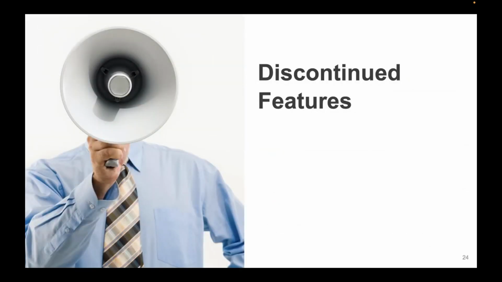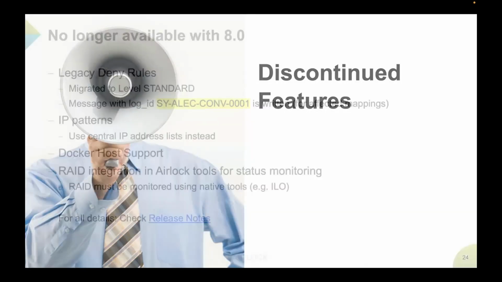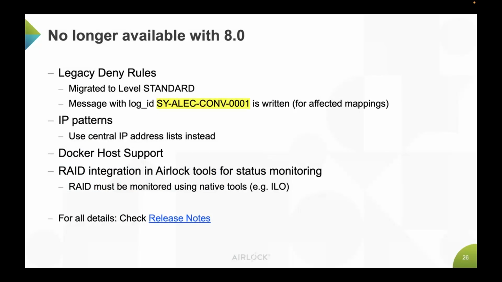Okay, that brings us to the discontinued features. They have often been announced. So now it's actually the time that legacy deny rules have gone. The best procedure to migrate to 8.0 is to integrate on level standard or basic or strict on a previous version, for instance 7.8, and then import this configuration to 8.0.